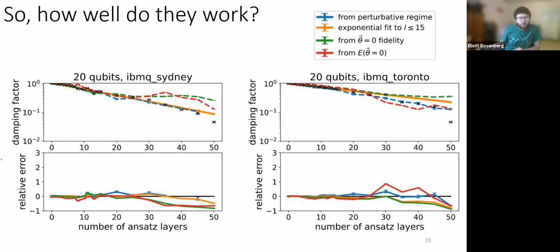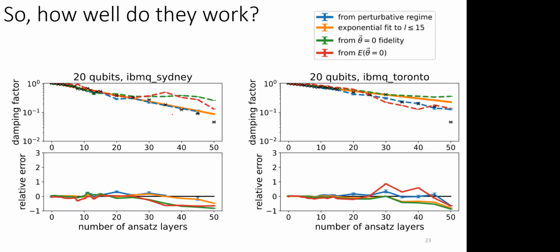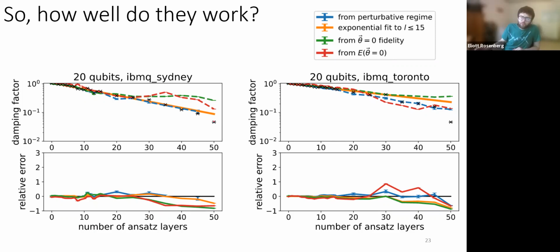So now here's the damping factor as a function of the number of ansatz layers. So that's the depth of the circuit. And the x's are the measured damping factors. And so you can see it's pretty much decaying exponentially. That's close to a straight line on this logarithmic y-scale plot.